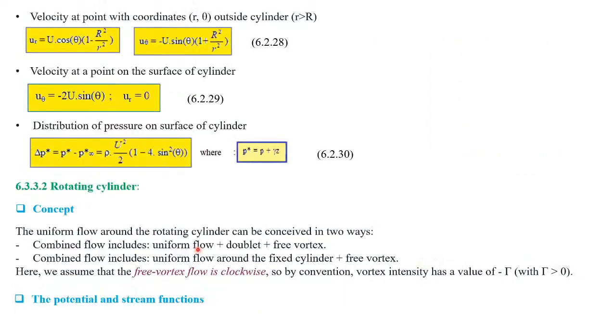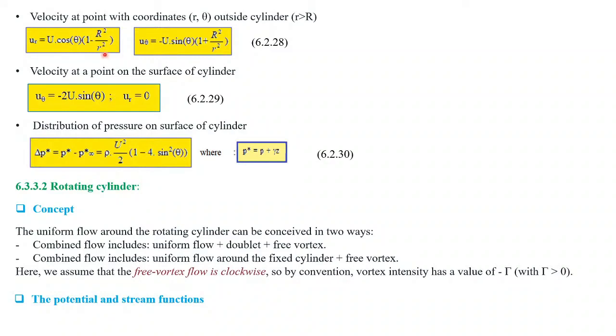Ur equals this one, U theta equals this one, and this applies outside of the cylinder, that means small r greater than R. And if r equals capital R, then we have the velocity on the surface of the cylinder.